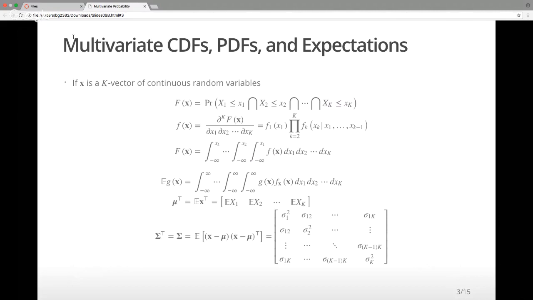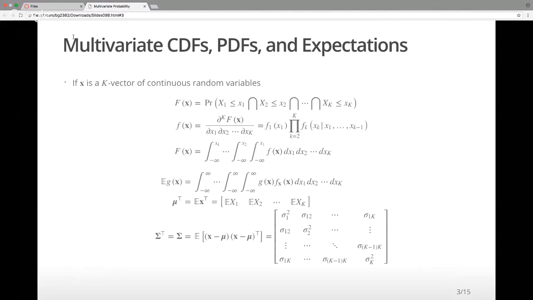That is a conceptually easy thing to understand: the probability that all k of these conditions are true simultaneously. Since they're all less than or equal, it's a fairly easy generalization of our idea of a univariate CDF, the probability that a random variable is less than or equal to some value from its sample space, now generalized to k random variables considered together.